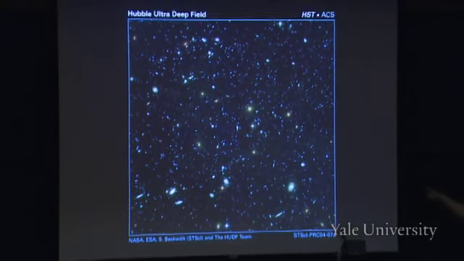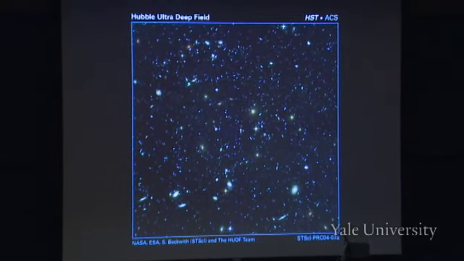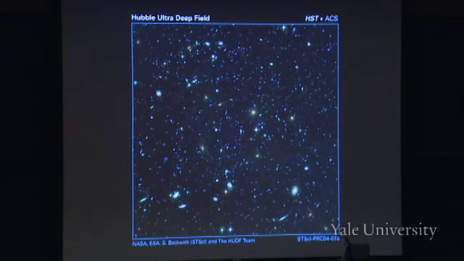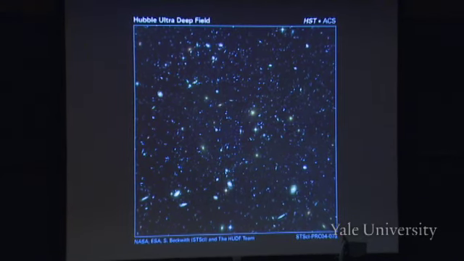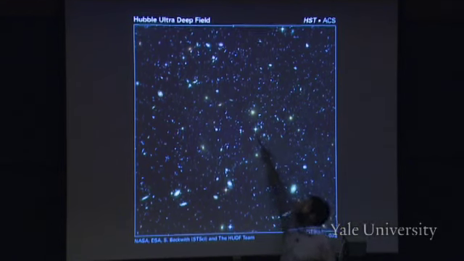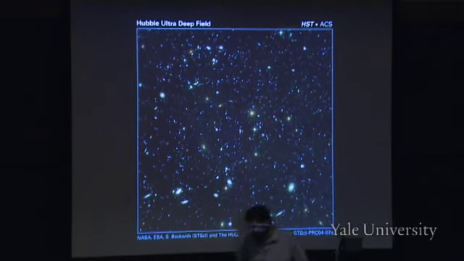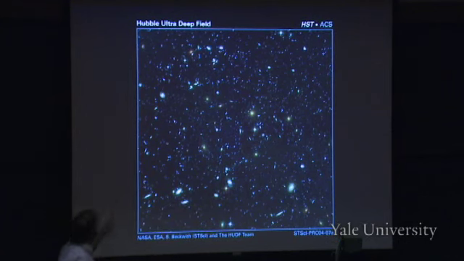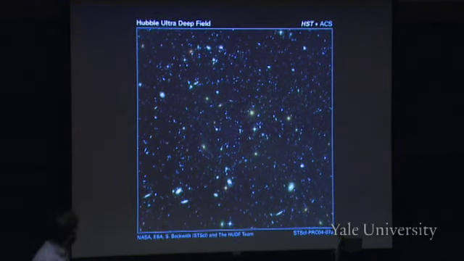This is a photograph from the Hubble Space Telescope of empty space. They picked a part of the sky in which there was nothing. Actually, that's not true. There was one faint star that they knew about, and nothing else. And they took the space telescope and they looked at it for about 3 weeks in a row. And this is the picture they got.